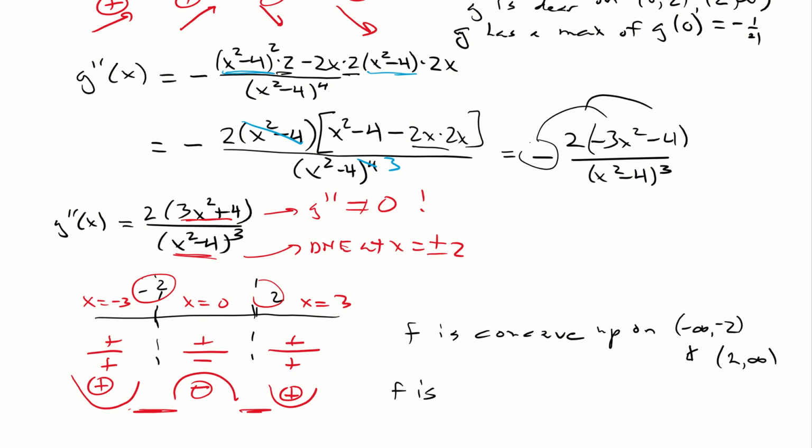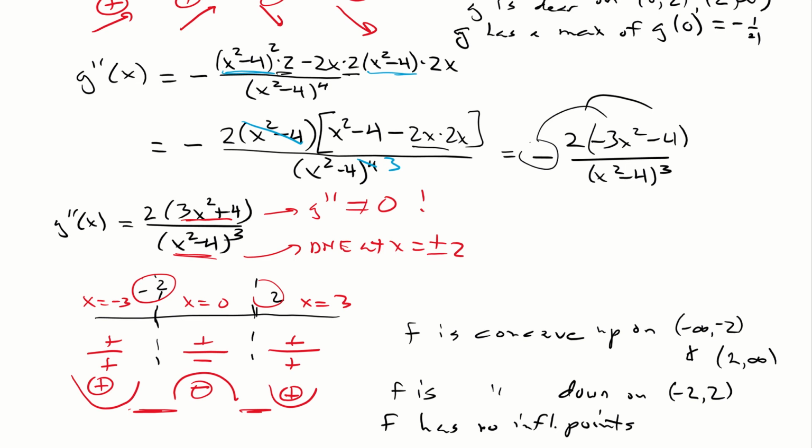F is concave down on minus 2 to 2. And you might finally say F has no inflection points. Oh, darn, no inflection points this time.